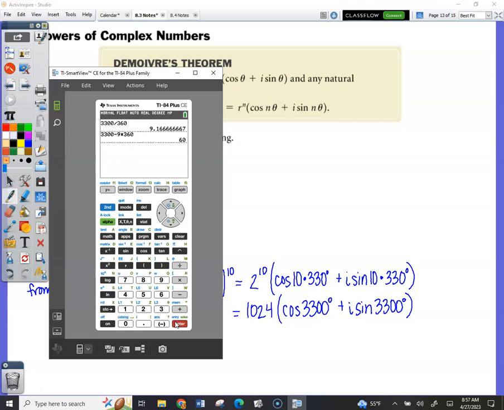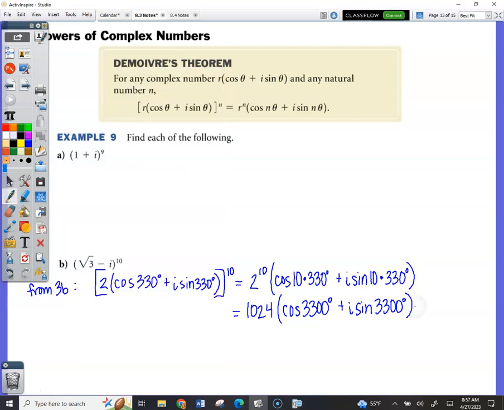So I'm going to rewrite this. What was it, 60? I'm going to rewrite this using 60. And that is on the unit circle. So I would go to my unit circle, pull the x coordinate and the y coordinate.